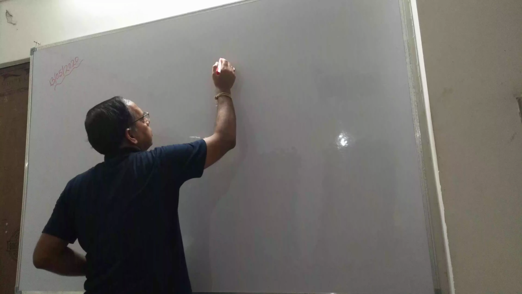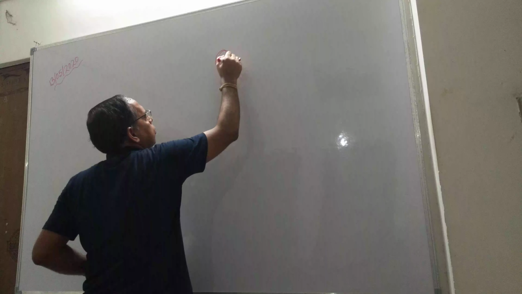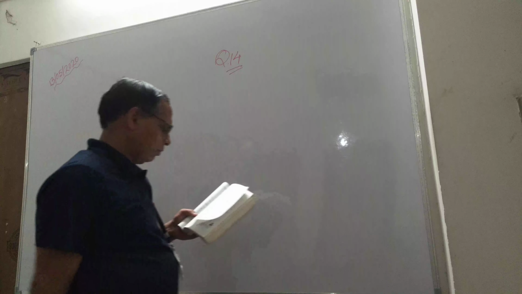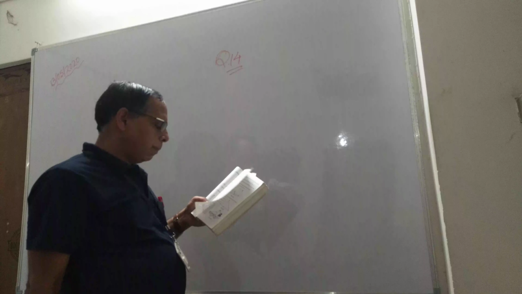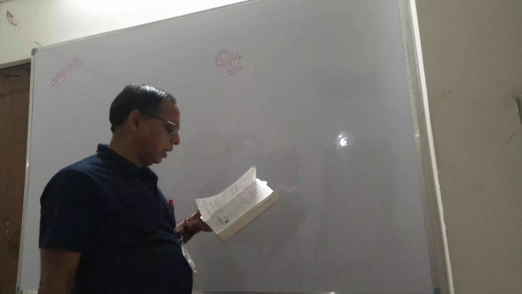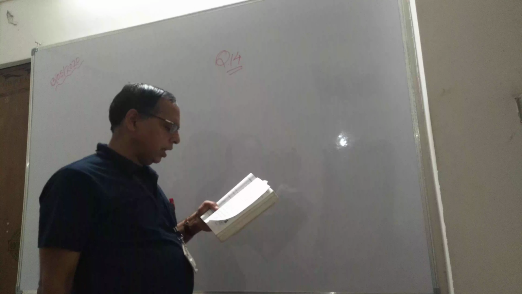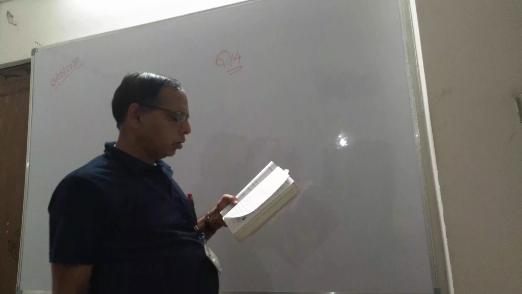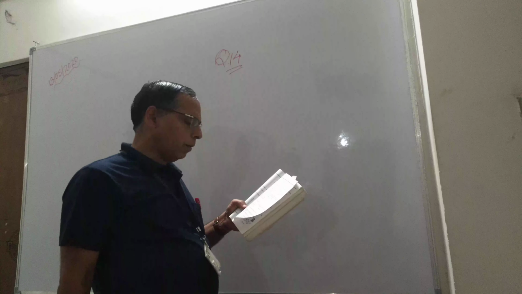Question number 14. So what is that? It is given that the perpendicular from A on the side BC of triangle ABC intersects BC at D, such that DB equal to 3 CD. Okay?